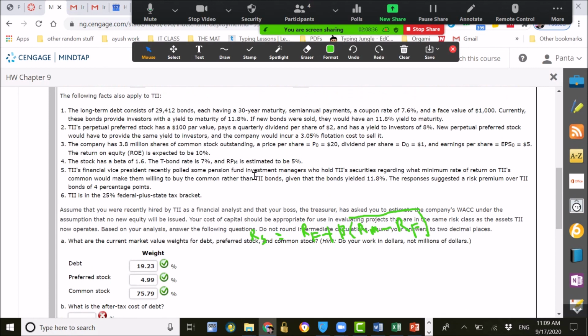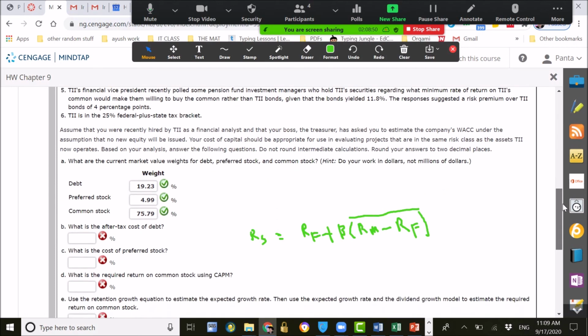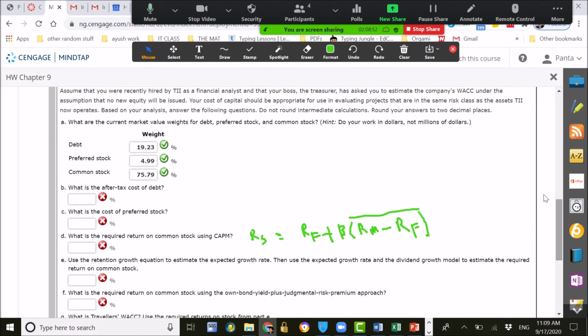This one is the second part, and this one is RPM. The RPM is actually the risk premium on the market.